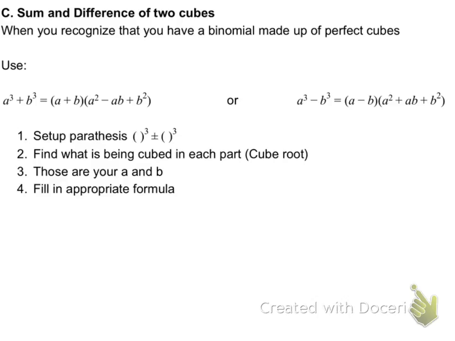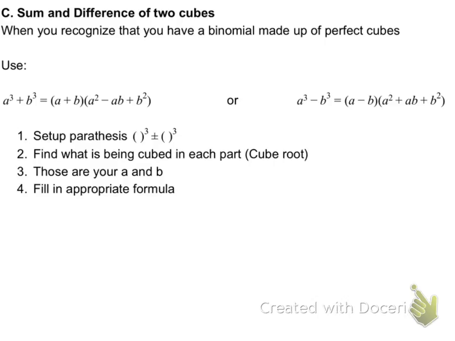Find out what is being cubed to get to that answer. You can do that by just simply taking the cube root. Before we took the square root of both of our terms. Now you take the cube root, or to the 1/3 power if you need to do that on your calculator. Okay? Those are your A and B's.